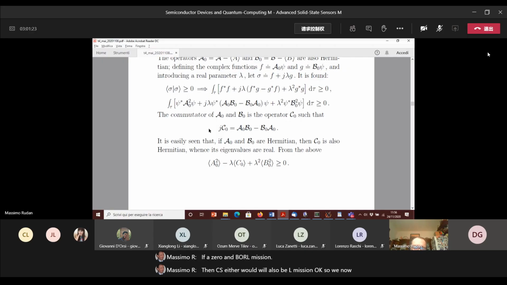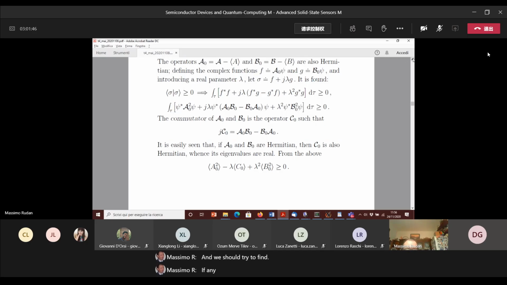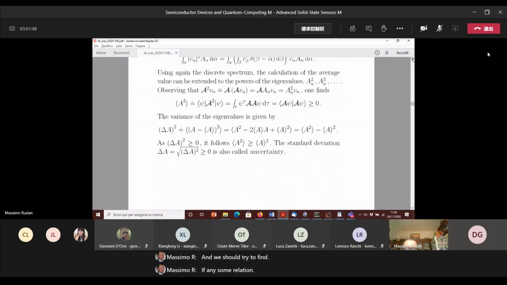So we now shall consider the case of two Hermitian operators, A0 and B0, or more generally A and B, that do not commute, so they do have a non-zero commutator, and we shall try to find, if any, some relation between the standard deviation of A and the standard deviation of B, okay, over the same wave function.